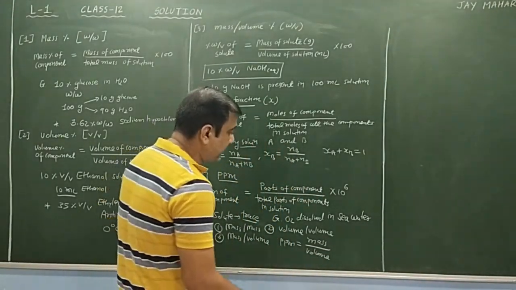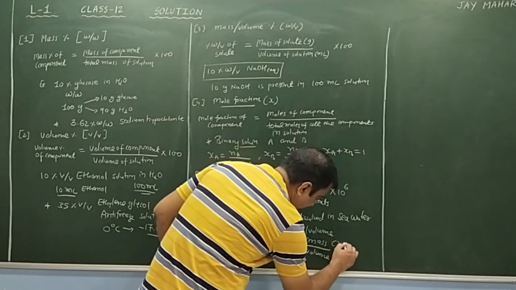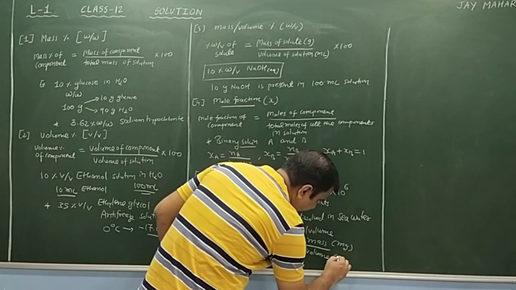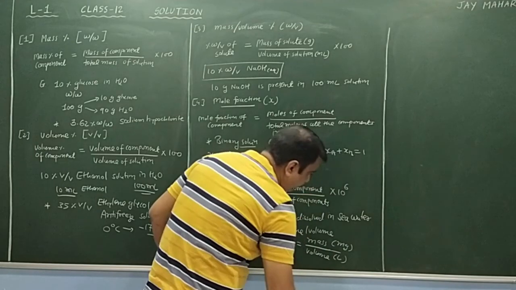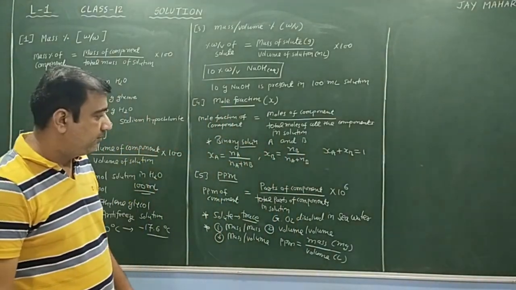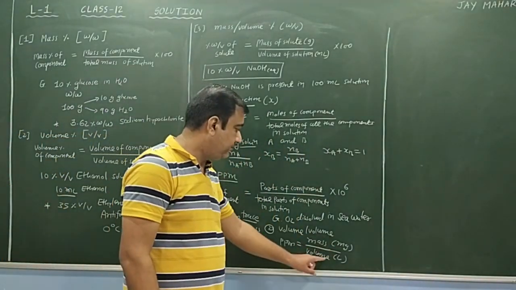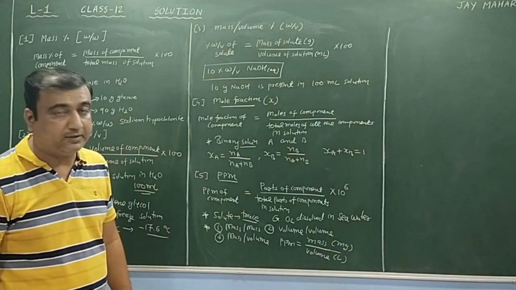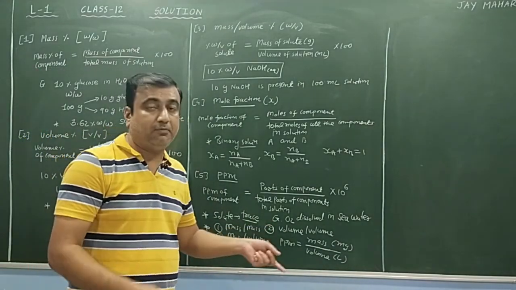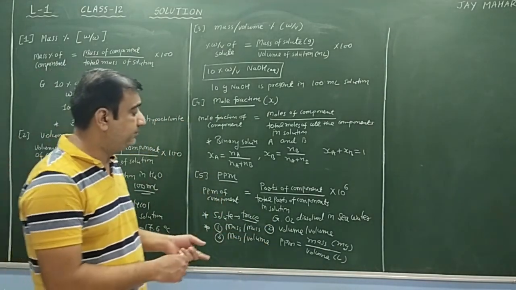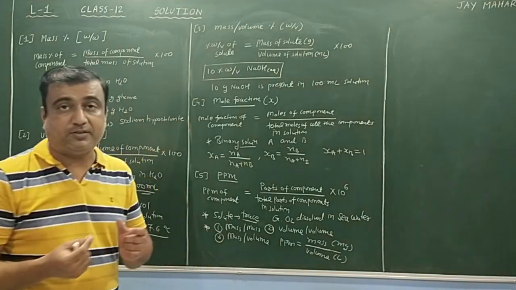Mass is taken in milligram and volume is taken in liter. Otherwise, mass is taken in microgram and the volume is taken in ml.